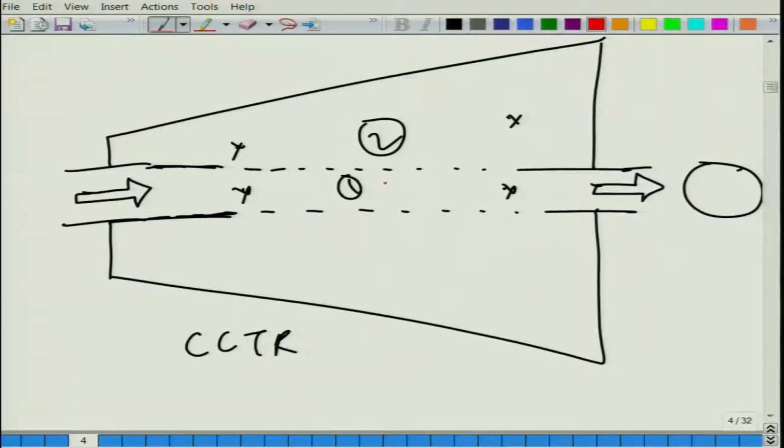So, let us start with an elementary control volume here in region 1. Let us say you have this control volume 1, something like this, and this is S. Let us say the internal area is also having a gradual variation.